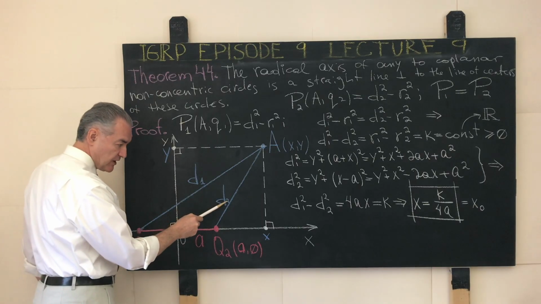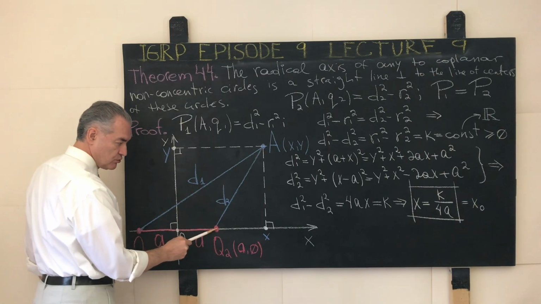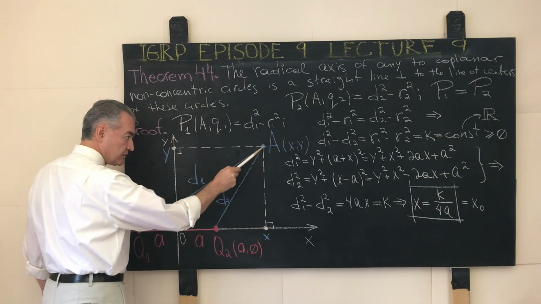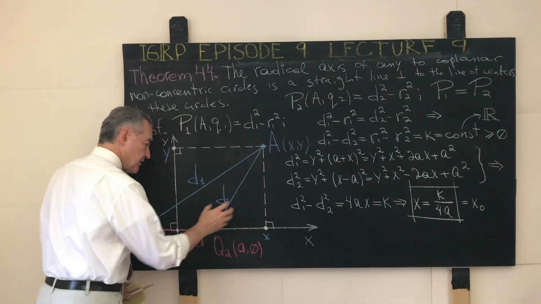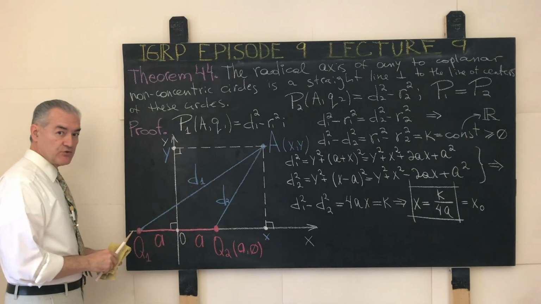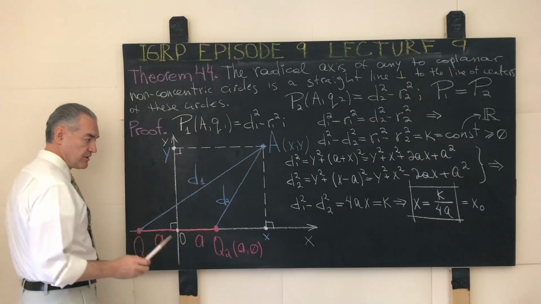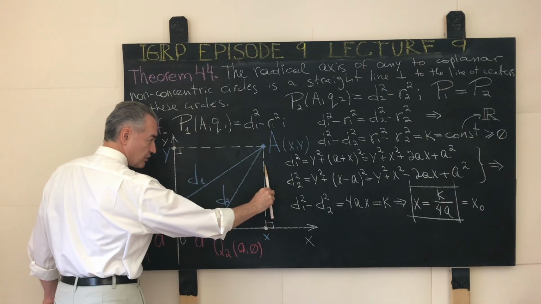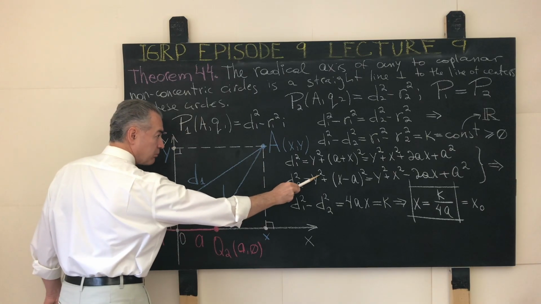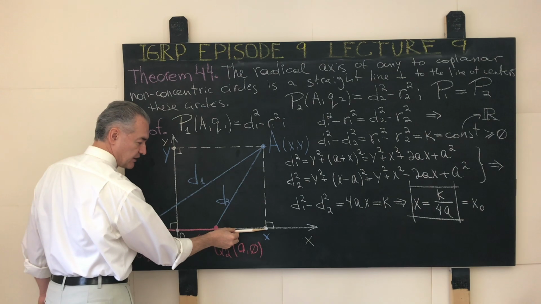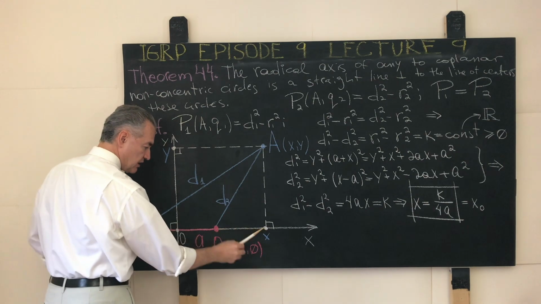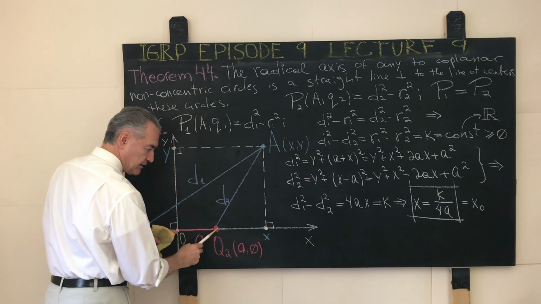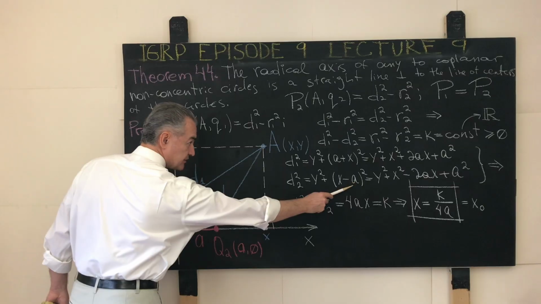We pick the right triangle Q2, X, A, and to that triangle, ripped somewhat out of the coordinate system, we apply the Pythagorean theorem. The square of the hypotenuse, d2 squared, is the square of one side, y squared, plus the square of the remaining side. What is the length of that side? x minus a. You see, x minus a gives us this distance. That's it.